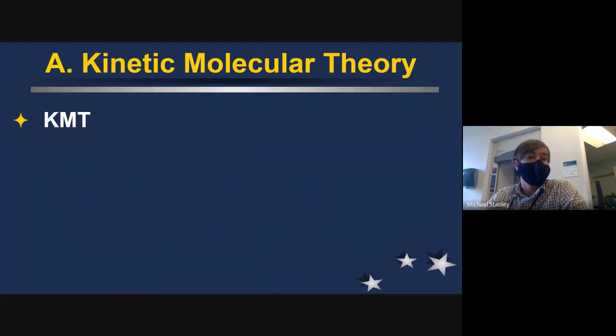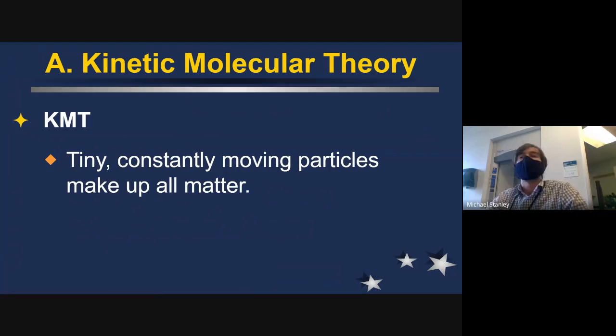And one of the cool things that scientists discovered about matter is that it is made up of even smaller, constantly moving particles. These particles are called atoms. And if you've heard about atoms before, that's great. We're actually going to talk a lot about atoms in a couple weeks in this class.